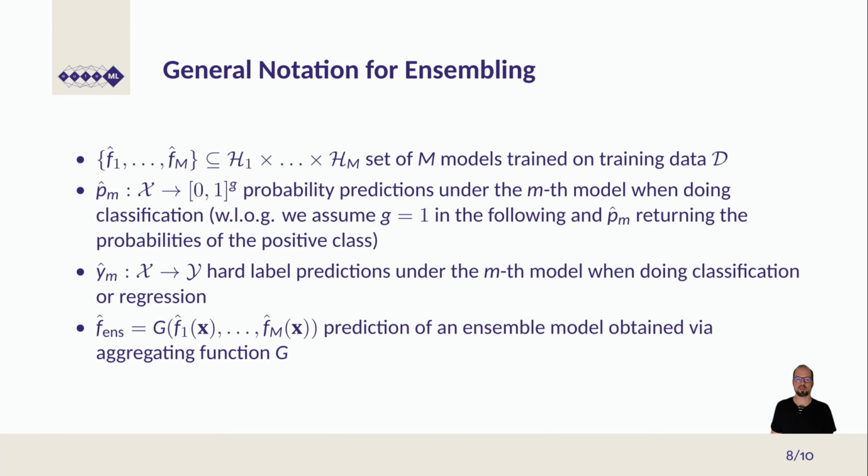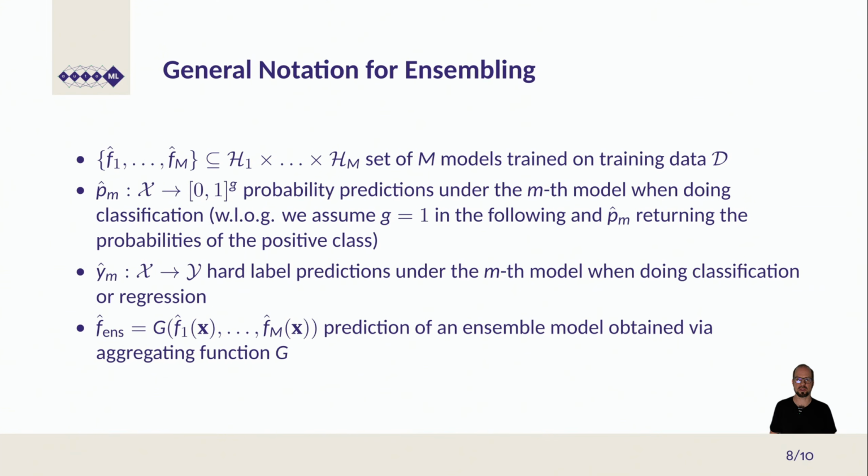Now, in order to simplify introducing more ensemble methods, I want to briefly extend the notation that we used so far by some ensemble-specific notation. Generally, we're interested in combining m different models trained on training data D, and each of them has a hypothesis space out of which we obtain the actual implemented and trained model f hat 1 to f hat m.